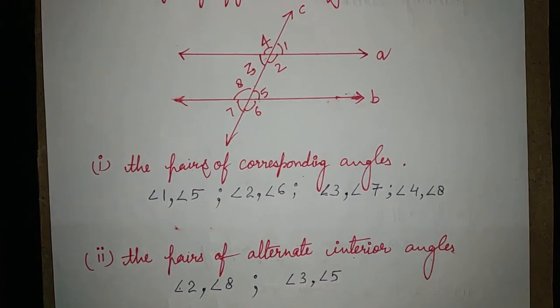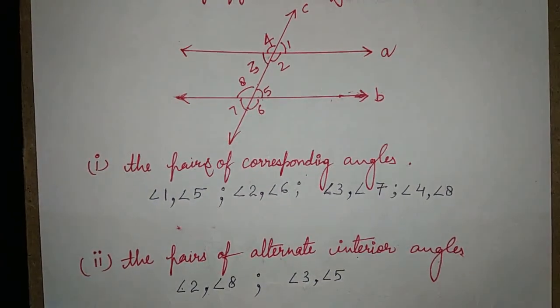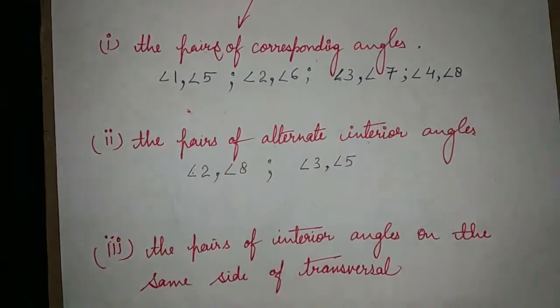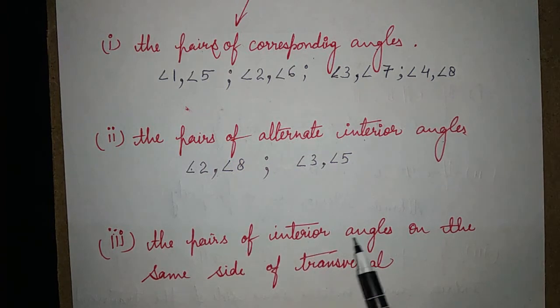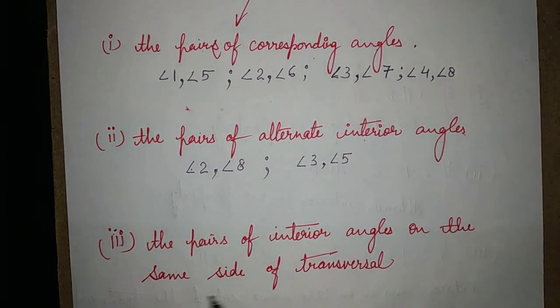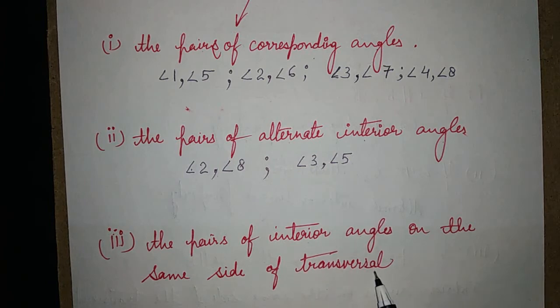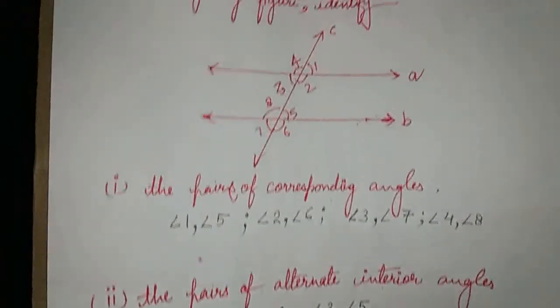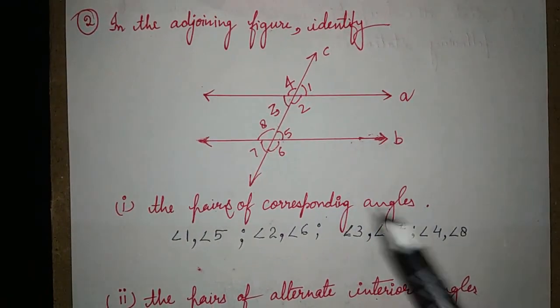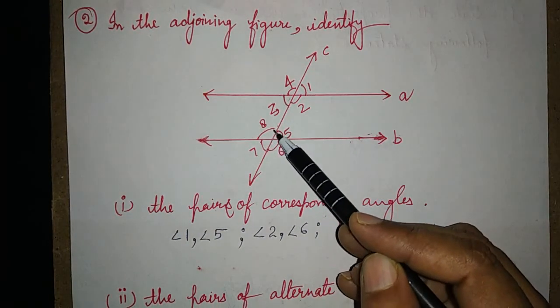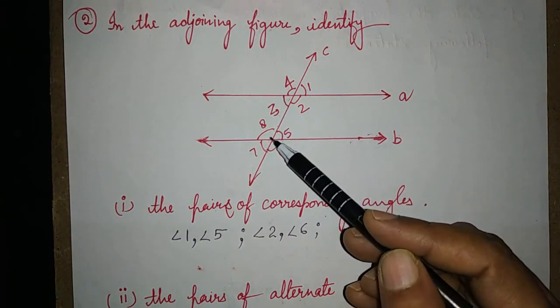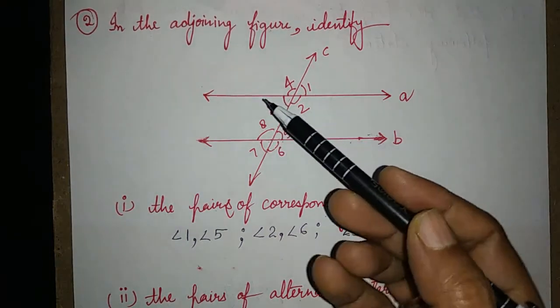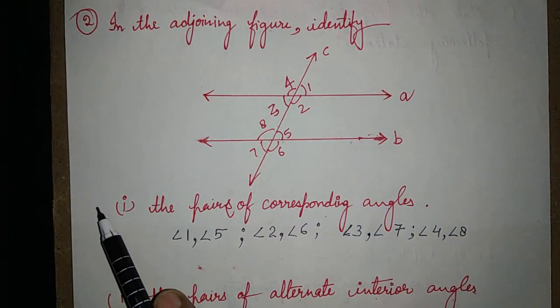Now see the third part of question number 2. The third part is the pairs of interior angles on the same side of the transversal. Now see the figure. Here angle 3 and angle 8 are a pair of interior angles on the same side of the transversal.